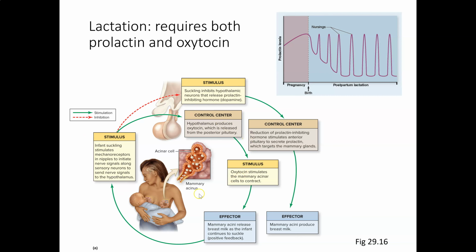The nursing part itself is a positive feedback, and the production of the milk is kind of a half of a loop. It's not a continuous loop, but it's relying on the nursing to generate enough prolactin to keep the milk production going. Okay, that is all for the delivery, labor and lactation.